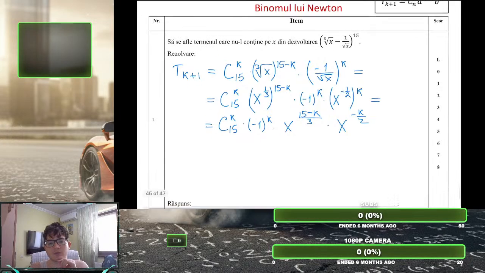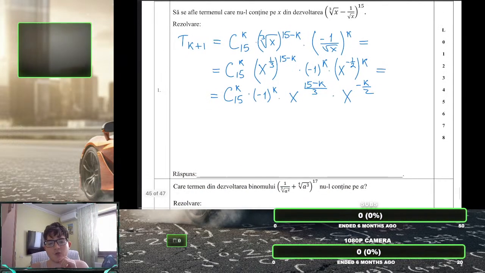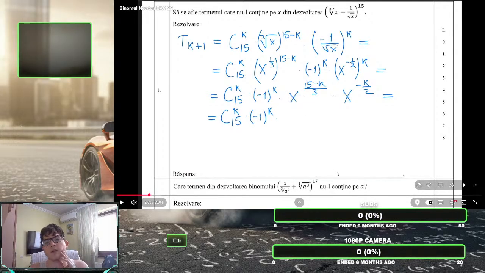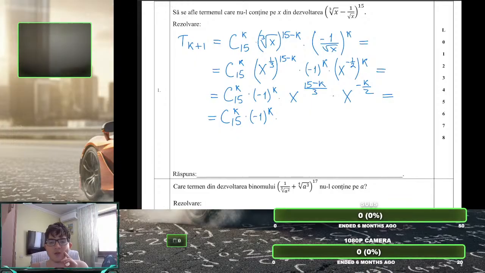Now what we need to do, C write down the same, minus 1 the same, and what we need to do now is work with the x stuff.